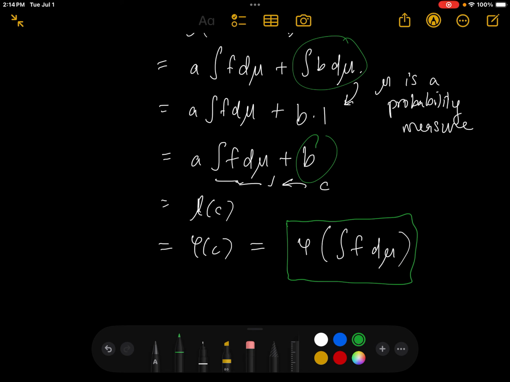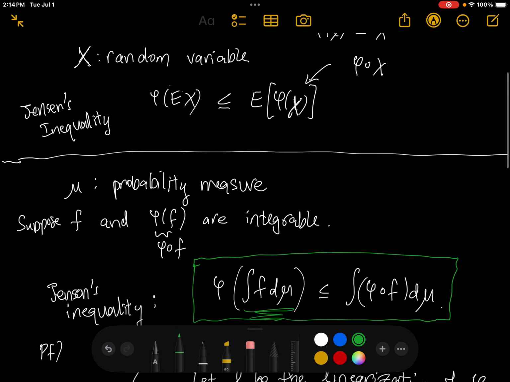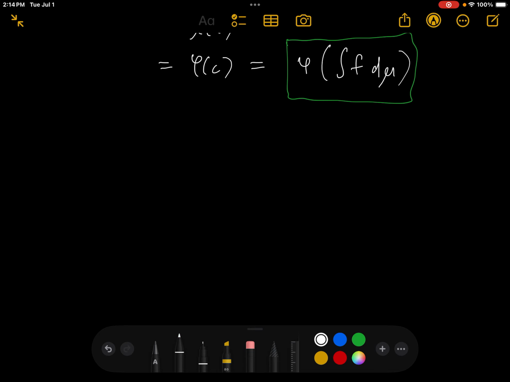And so how does this relate to the other version of Jensen's inequality, this version? Well, recall that the expectation of a random variable is the integral of x with respect to the probability measure, right?